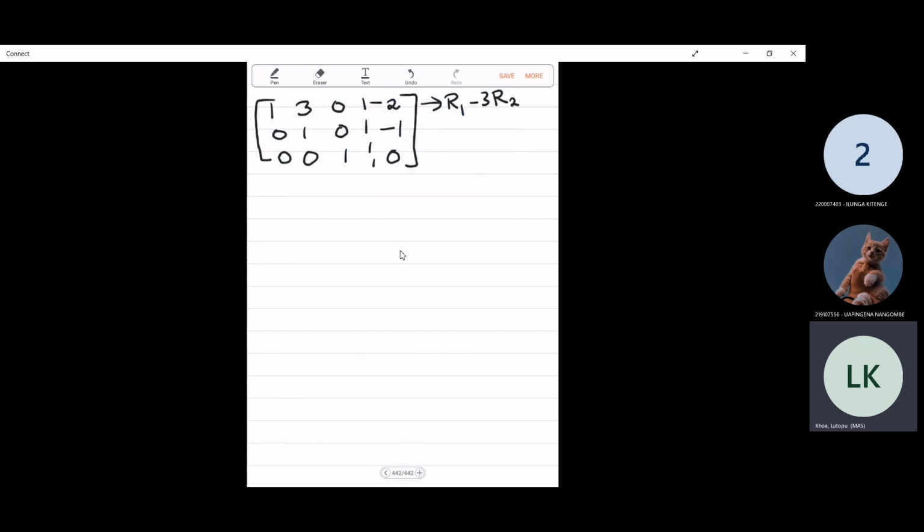Okay, so this will give us 1 minus 0 is 1, 3 minus 3, this is 0, 0 minus 0 is 0, and then minus 2 minus negative 3, this is 1, and the other rows remain the same.